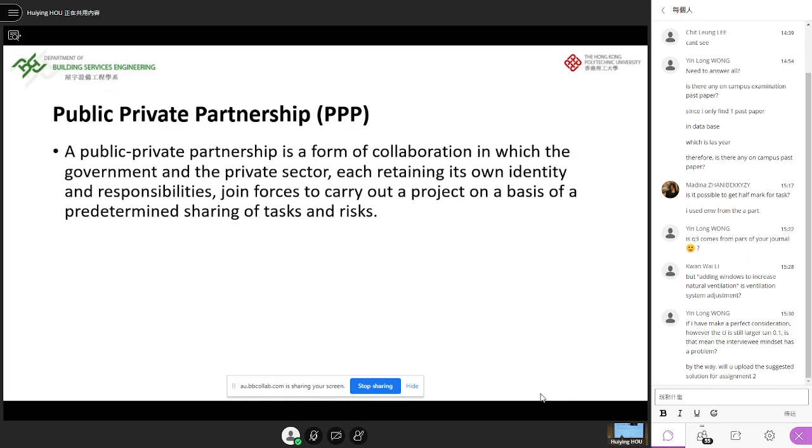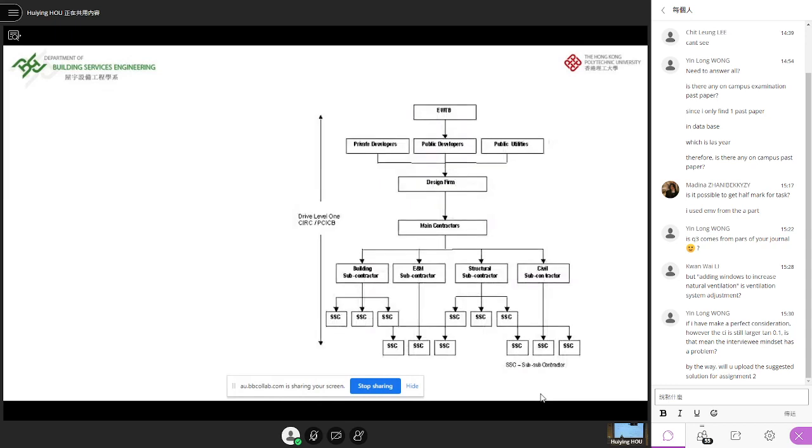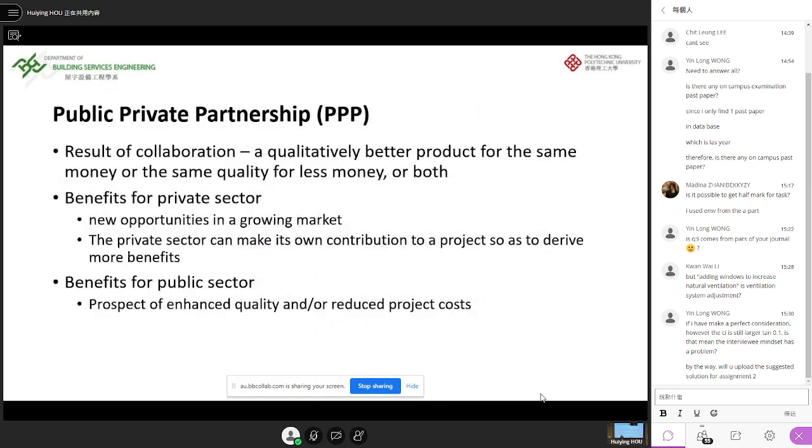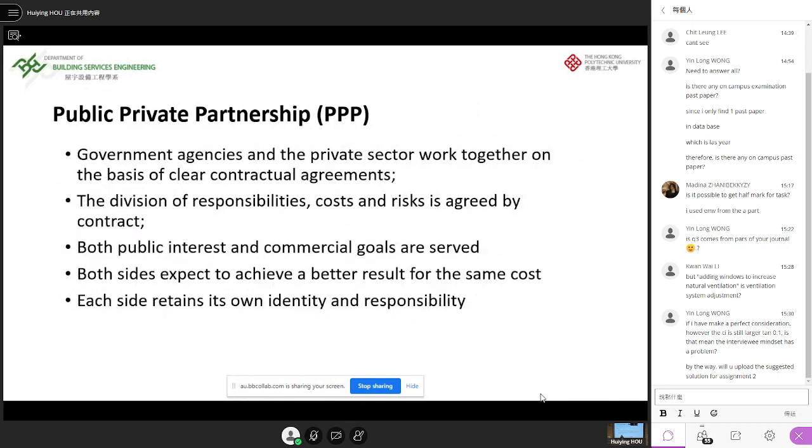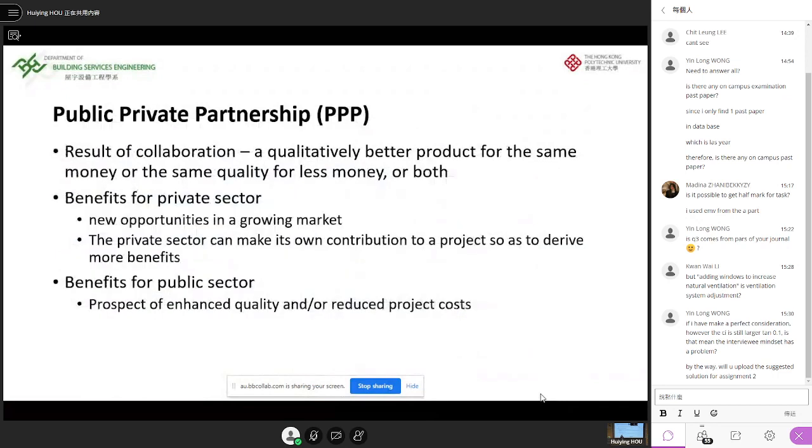It's very important for you to understand PPP, because this is a very classic procurement model or procurement approach. So understand why the government sector wants to collaborate with the private sector, and how this model benefits the government. You need to understand that. I only provide a few slides, but maybe you can use some real-life examples to understand why.